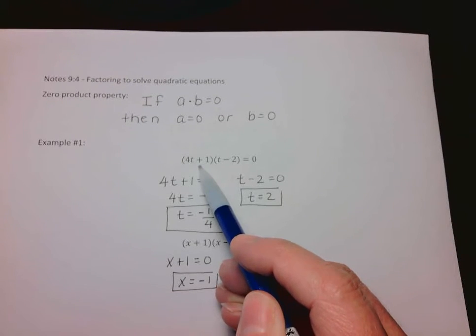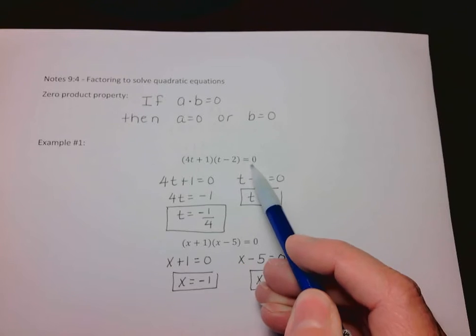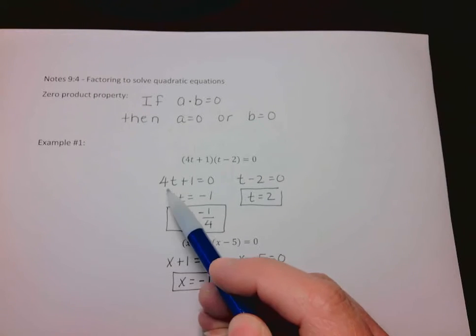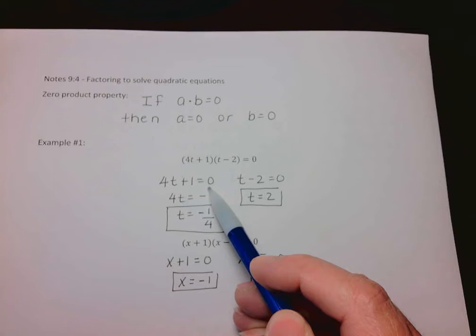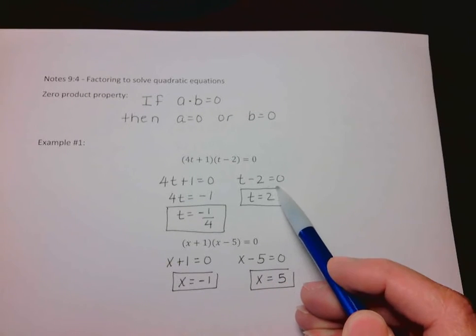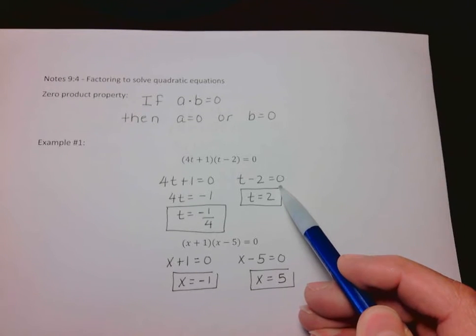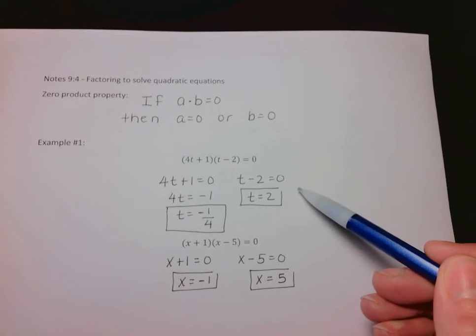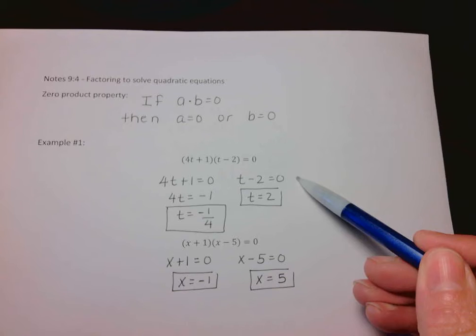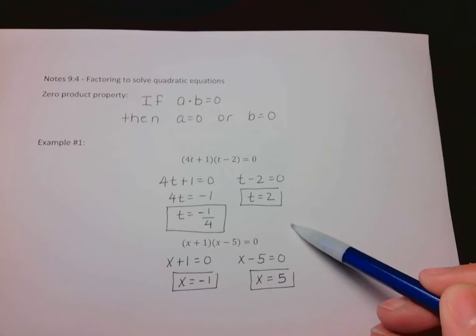Since this factor times this factor equals 0, either this factor must equal 0 or this factor must equal 0. One of them must equal 0, since when you multiply them together, you get 0. So what you need to do is set each factor equal to 0 and then solve.